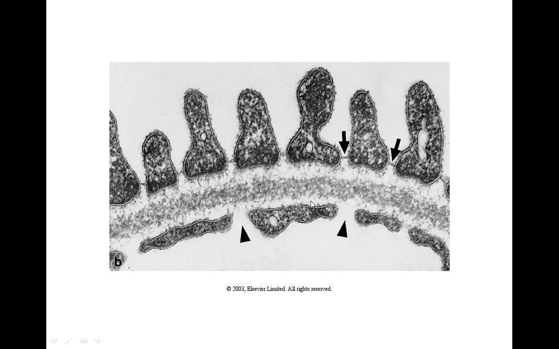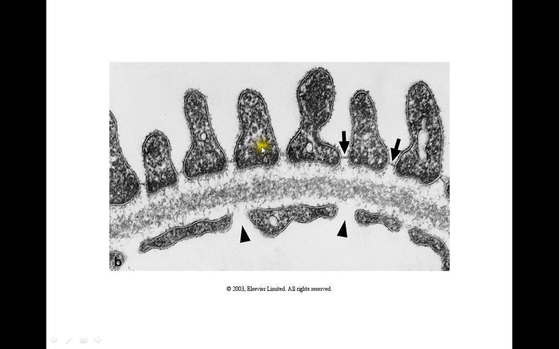It means the internal lucent layer and the external lucent layer. And the middle layer is known as lamina densa, or dense layer. As you see, the GBM is continuous without any pores or holes inside it.